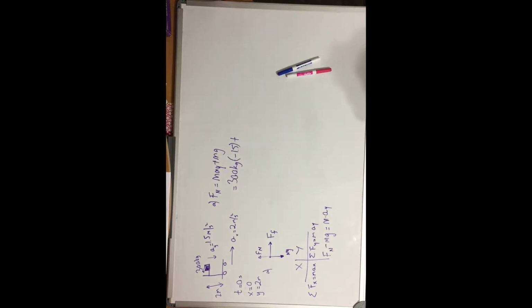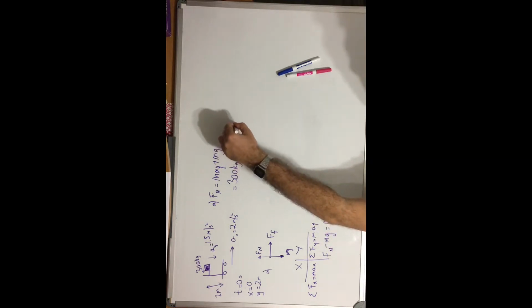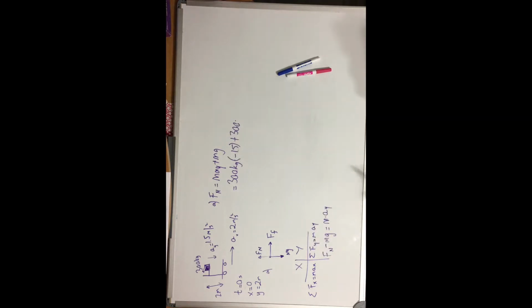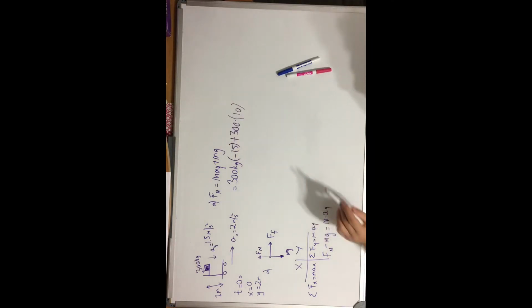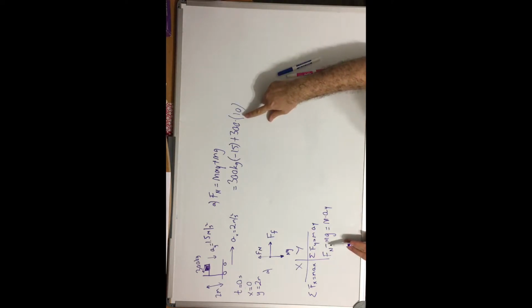Plus, my mass over here is again 300 times gravity. That might be a mistake that you can make. We are going to take this as 10. Why? Because we consider that g as being negative over here already. If you put negative 10 right there, then you basically put that negative twice.